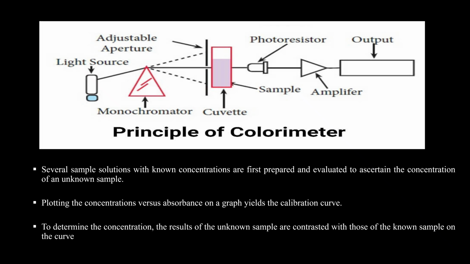Several sample solutions of known concentration are first prepared, then the concentration of the unknown sample is evaluated. Plotting the various observations yields the calibration curve, which is used to determine the concentration of the unknown sample.